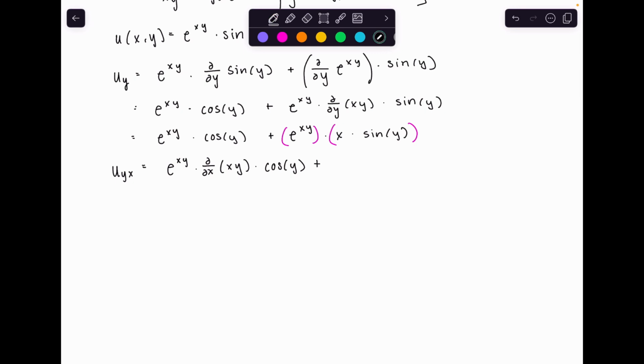So using my product rule, we have the first, and then I've got to take the derivative of the second. And in that case, the derivative of x sine of y. So I'll add in the extra steps here. Then we've got to differentiate the first, and then that's times the second.